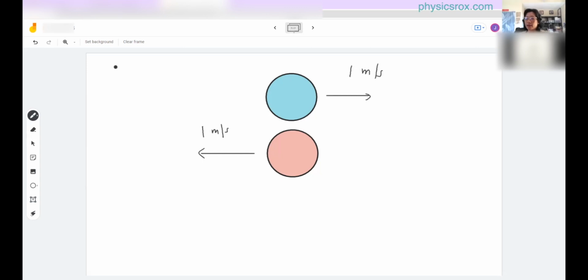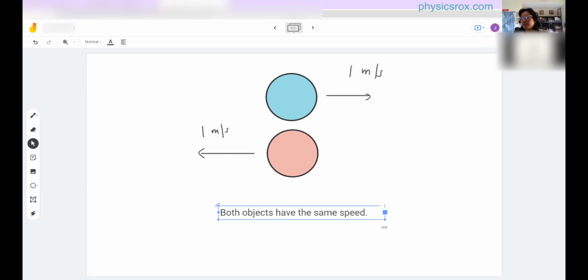So remember I told you we take positive and negative. Positive and negative can represent the direction, right? So both objects have the same speed. But what do you think about the velocity? Do you think they have the same velocity?